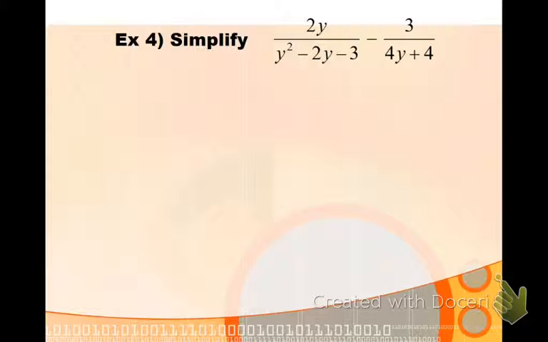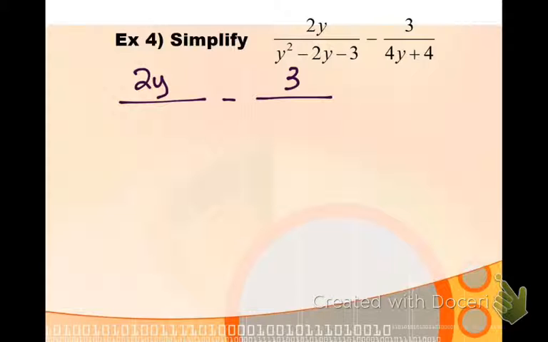So at some point we're going to have to worry about changing signs in our second numerator. We don't have to worry about it right away, but it's just something to be aware of that we're going to have to do later. But we're going to start off just like we have been.